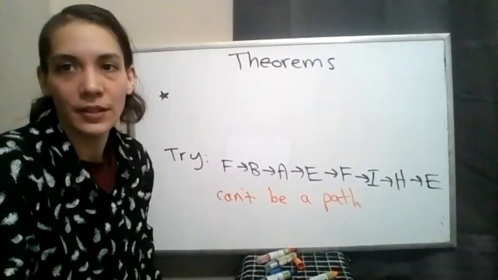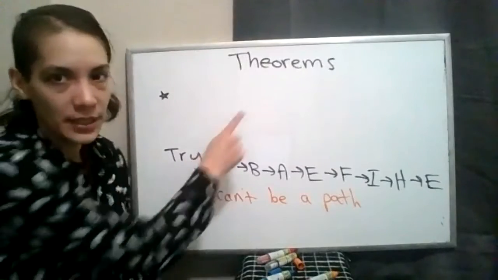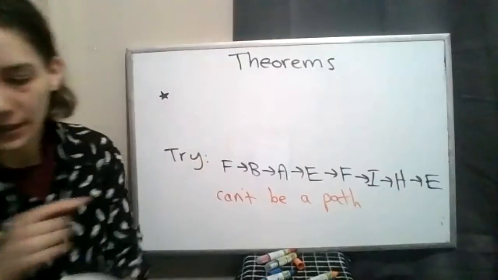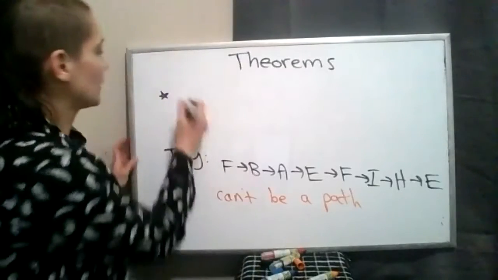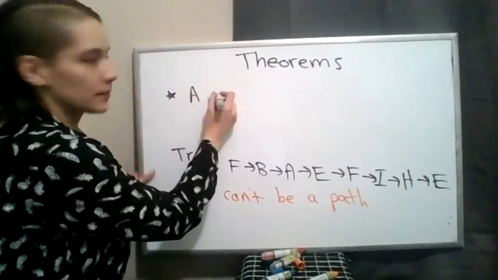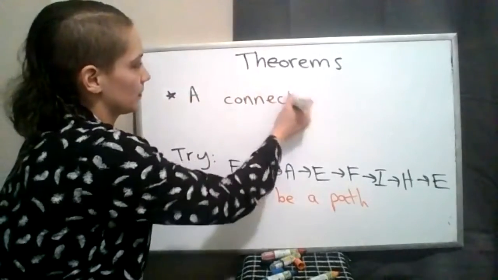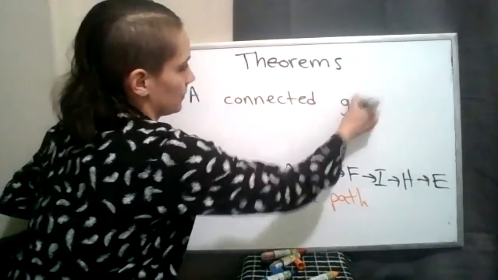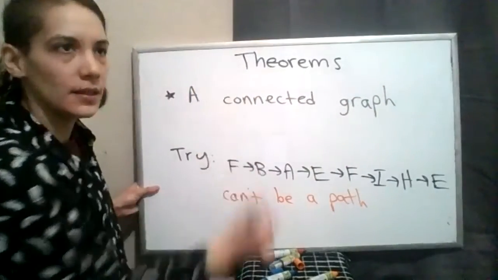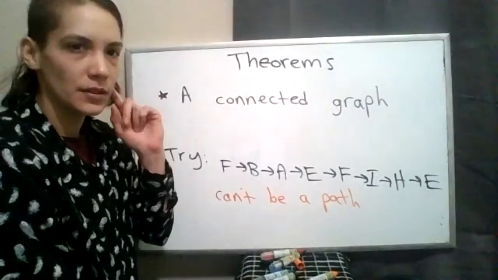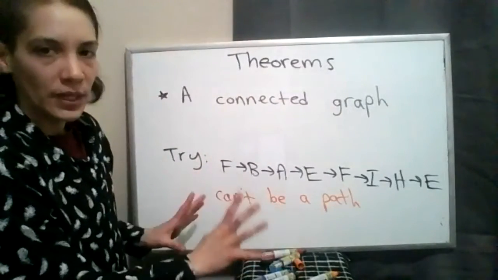Okay, I found the notes. We have talked about connected graphs and disconnected graphs. So the theorems are for connected graphs. We talked about connected and disconnected and components.